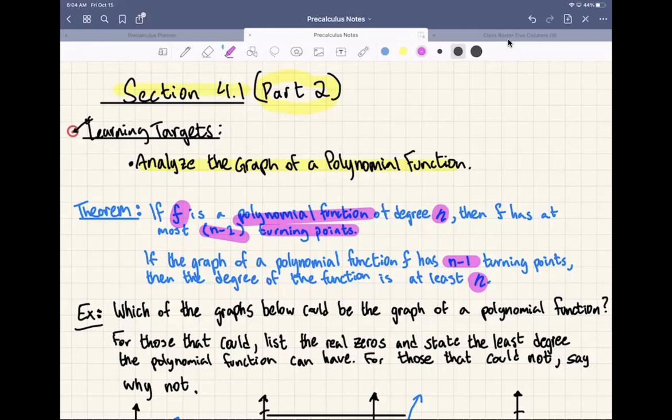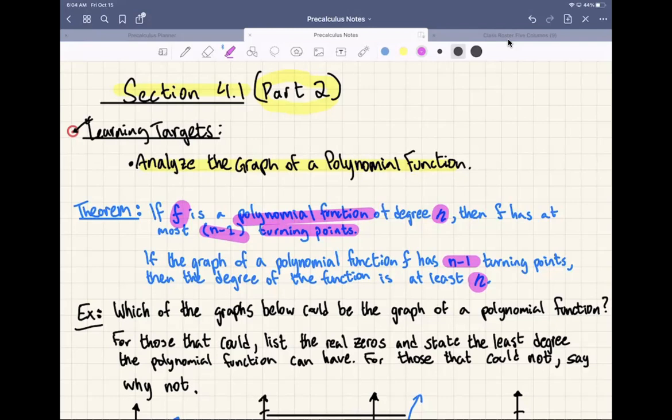That's always going to be true. At least 4 means 4 or greater, and we know that because of multiplicity and everything. It could be a higher power, but we'll go into that later.